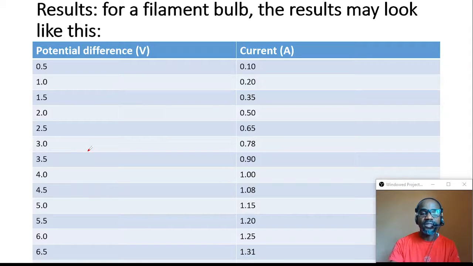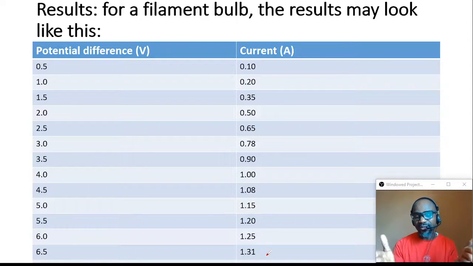Each of these potential values produced corresponding values on the ammeter, from 0.1 to 1.31 amps. Very important.